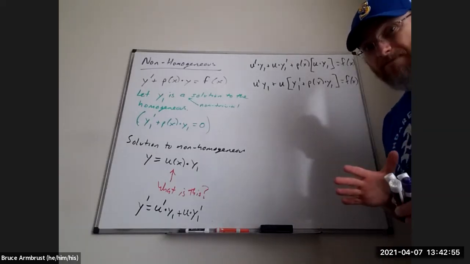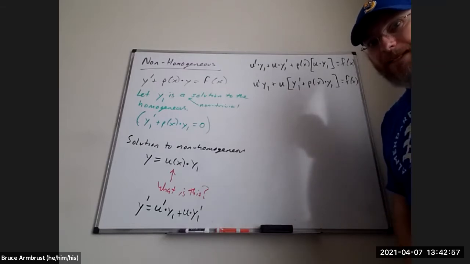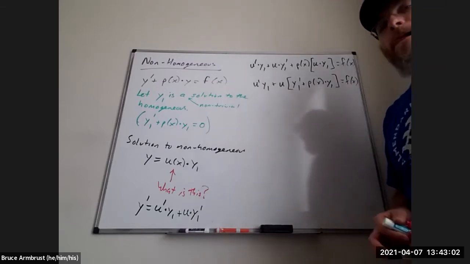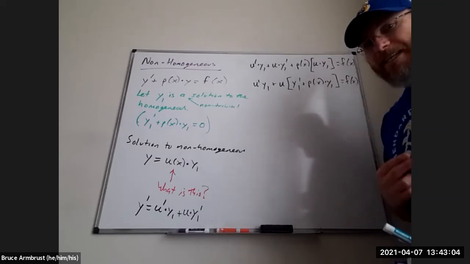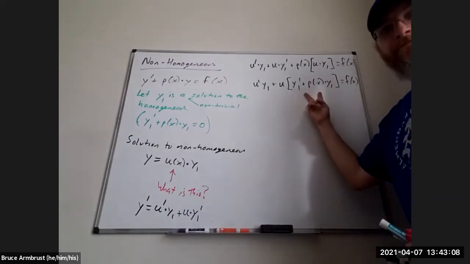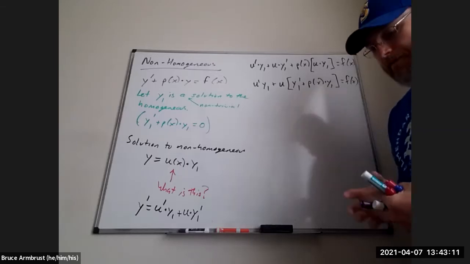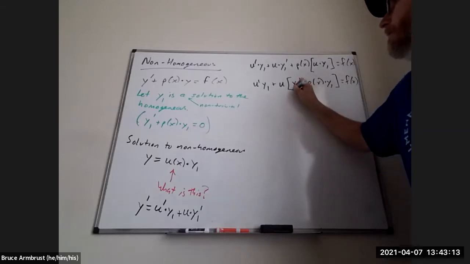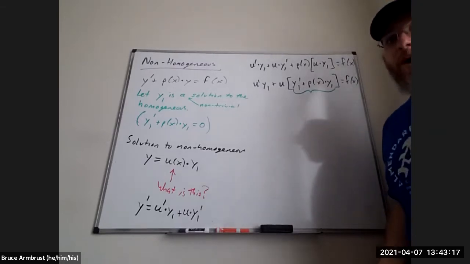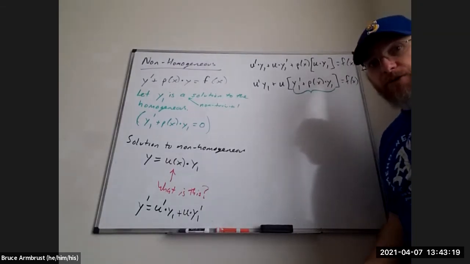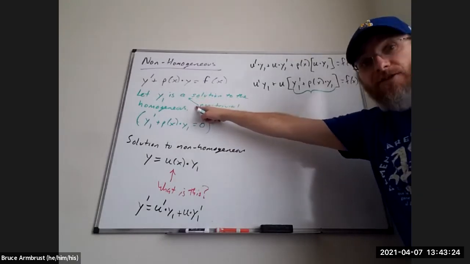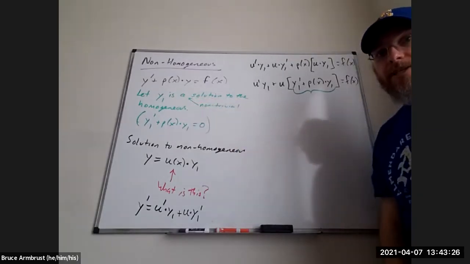All right, so far so good. Just plugging it in and seeing what happens. Let me draw your attention to something. Look at this piece that's in the brackets. Notice that that all just involves y1. And we know something about y1, right? y1 was a non-trivial solution to the homogeneous.